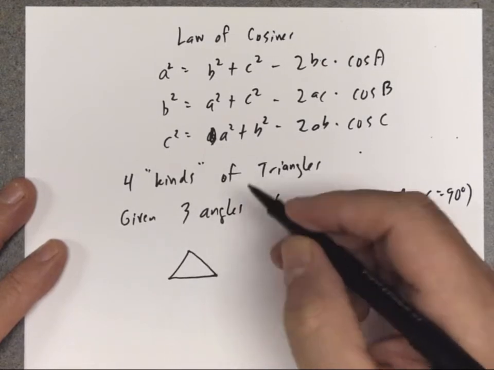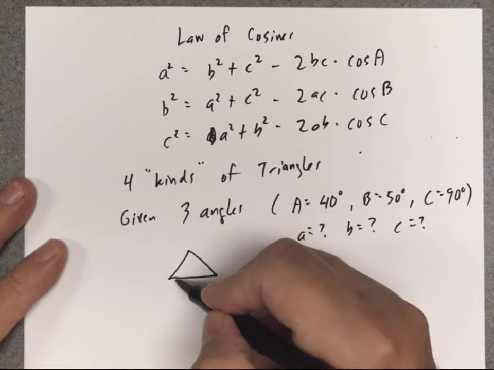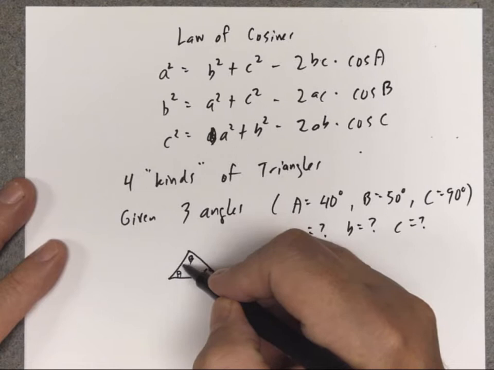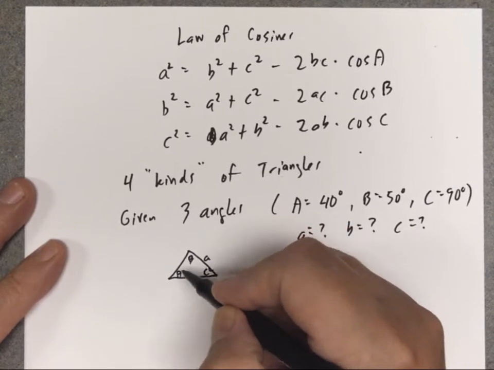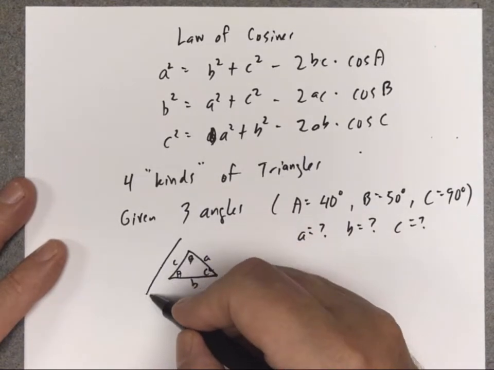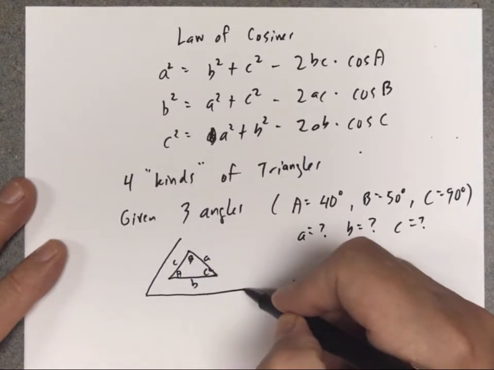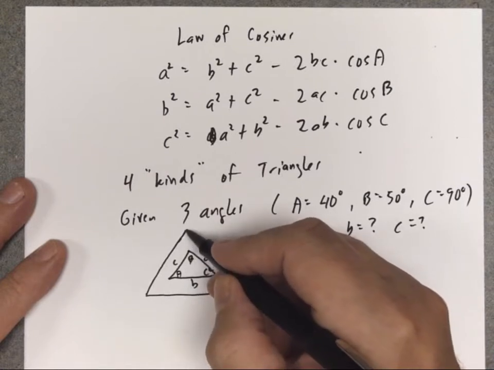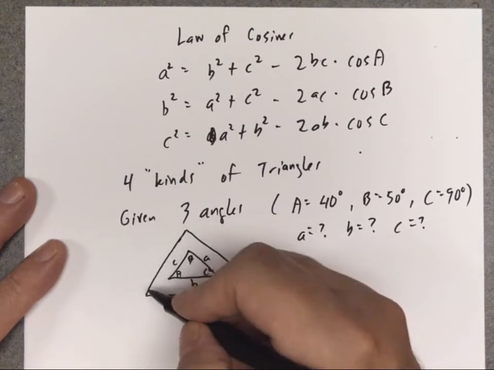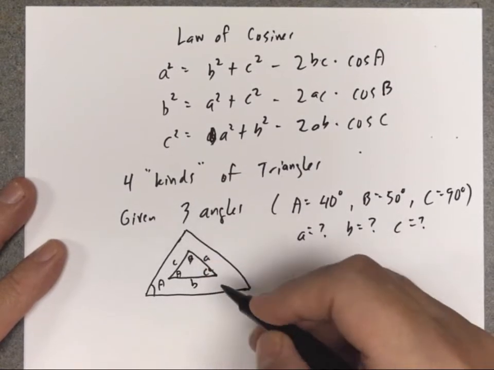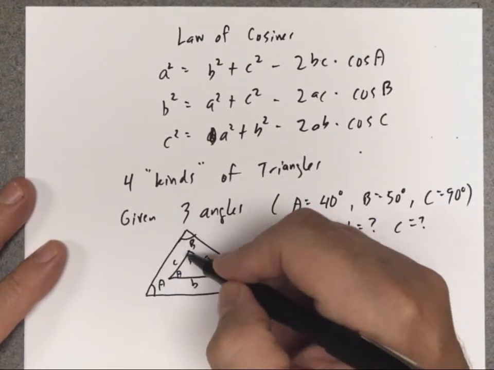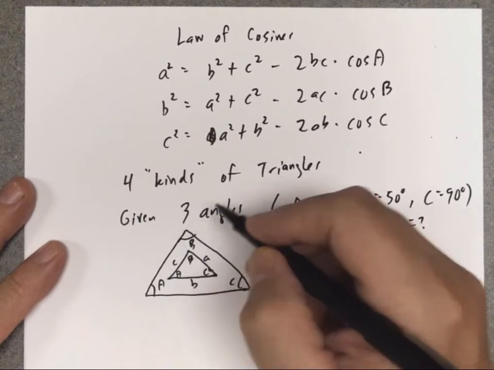Here's a triangle, angle, angle, angle, and of course this is little a, little b, little c. Now what if I do another triangle, totally symmetrical, which means it looks just like it, except it's expanded a little bit? They have the same angles, but obviously this side and this side are very different.